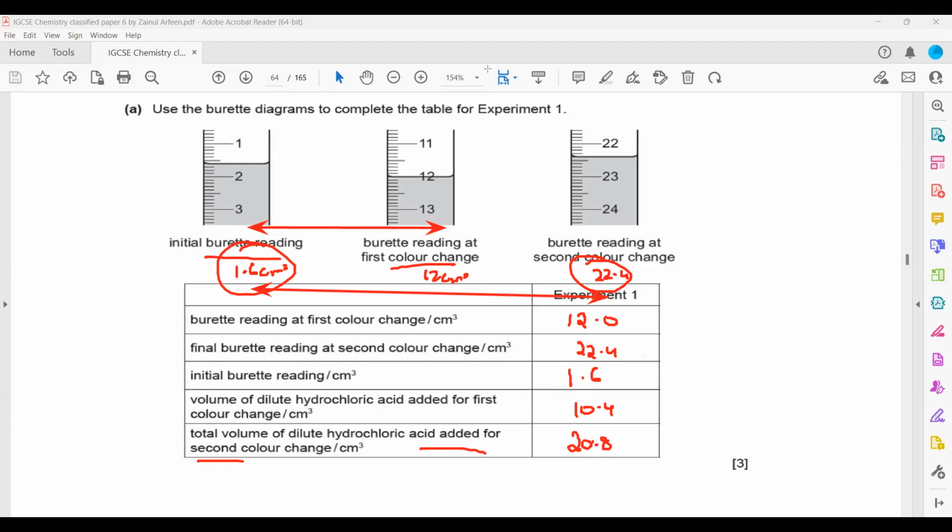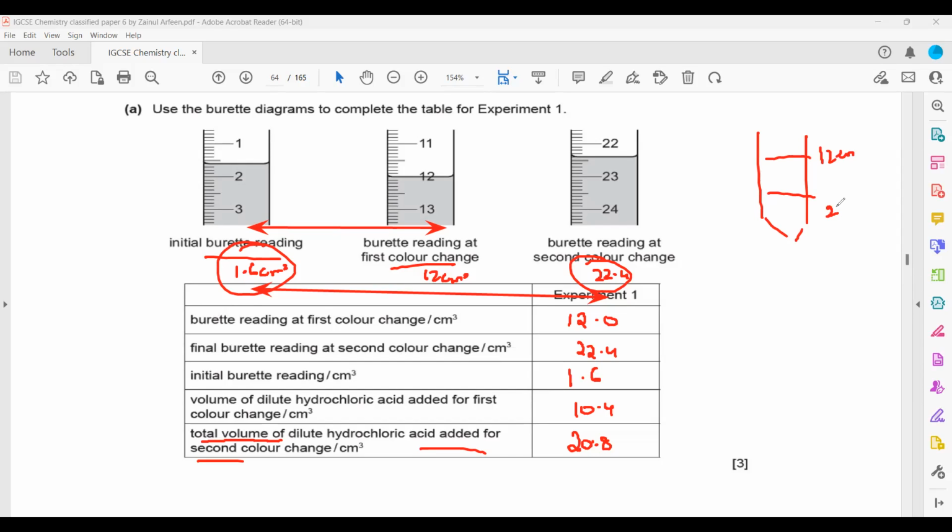Yeah, they asked for a second color change, but if you read the total volume, the total volume is from the beginning. Total volume for the second color change, we always take from the beginning. Like when we continue from the same burette, we added the acid. The first color change happened at 12.